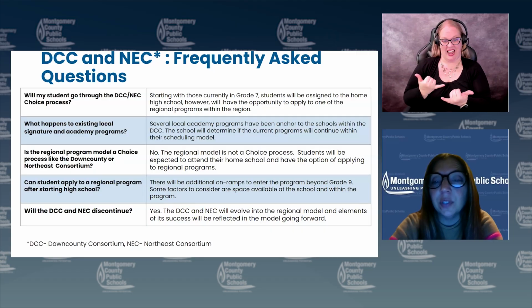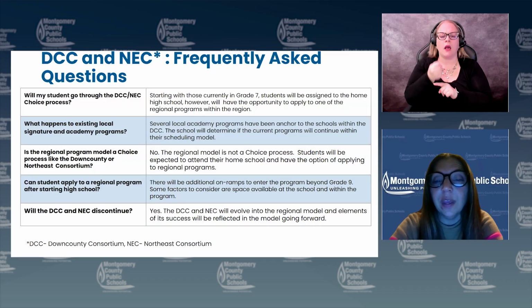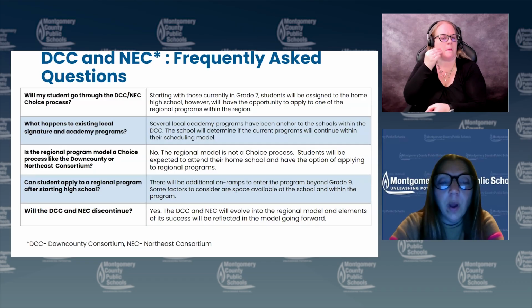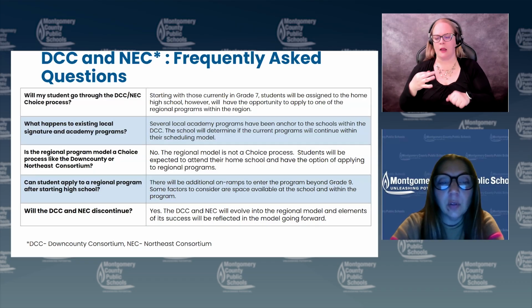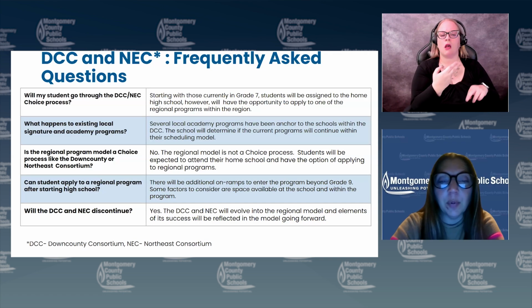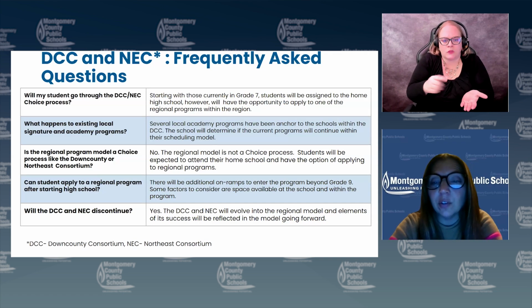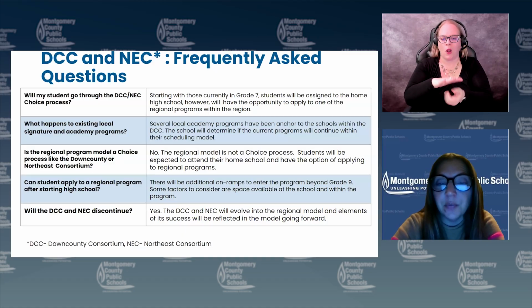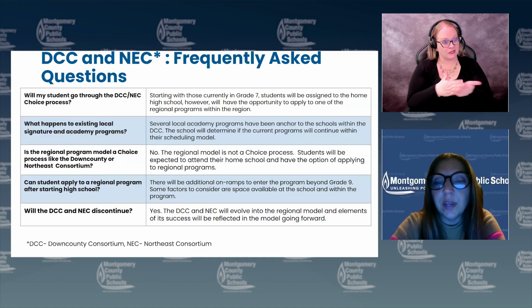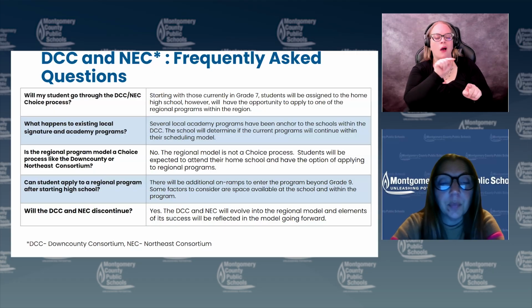However, they'll have the opportunity to apply to one of the regional programs within the region. What happens to existing local signature and academy programs? Several local academy programs have been anchored to the schools within the DCC. The school will determine if the current program will continue within their scheduling model.